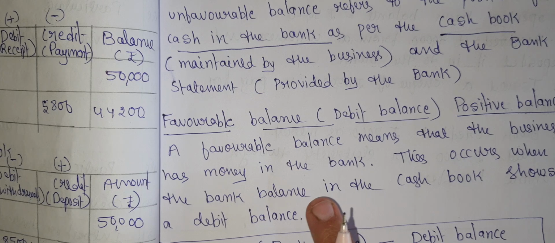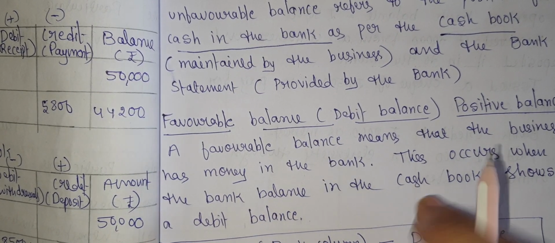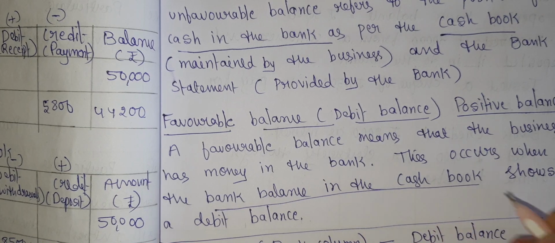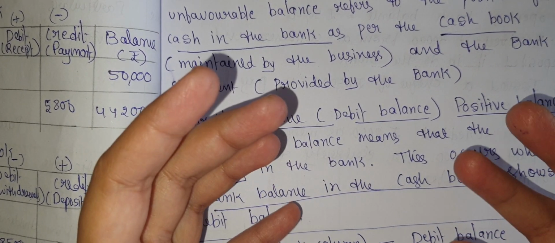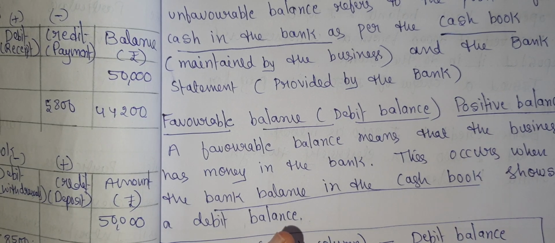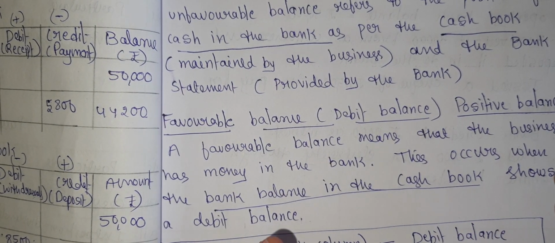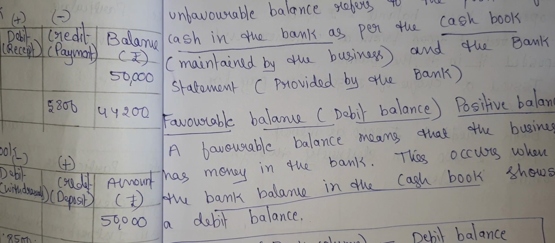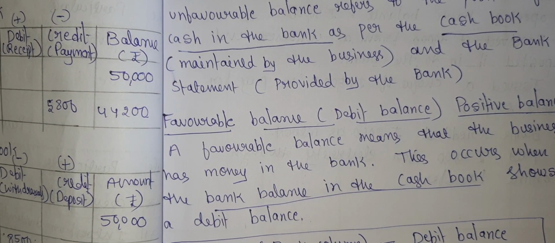So when the favorable balance occurs, it occurs when the bank balance in the cash book shows a debit balance. When we prepare the double column cash book or triple column cash book, we have to draw one more column that is related to bank. All the bank transactions we will record in the bank column.